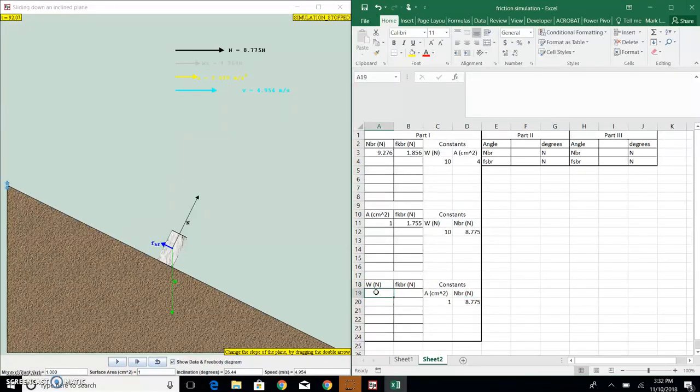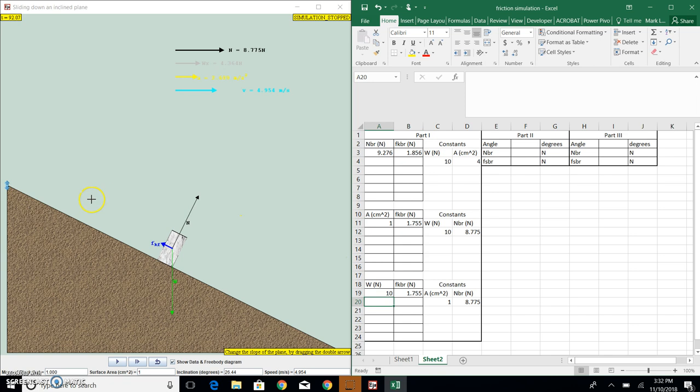So the only way that I can change my weight without changing the normal force is by changing the angle. So for instance here, the weight would be 10 newtons because the mass is 1 kilogram. The friction force would be the x component of the weight minus the net force, which would be for me 4.364 minus 1 times 2.609.